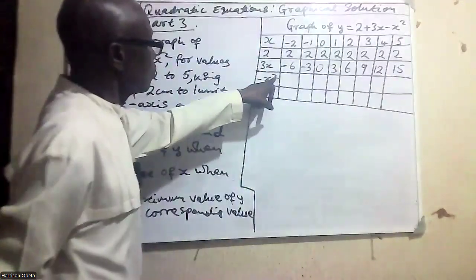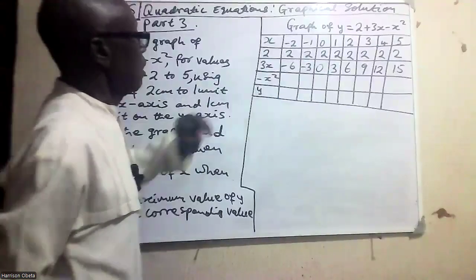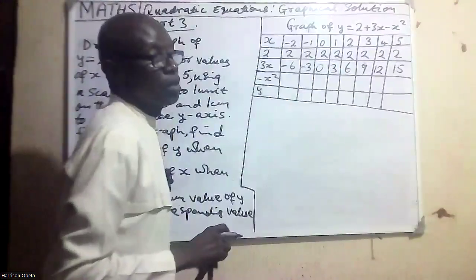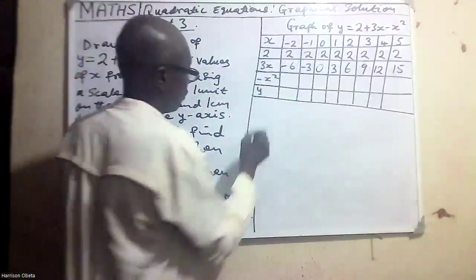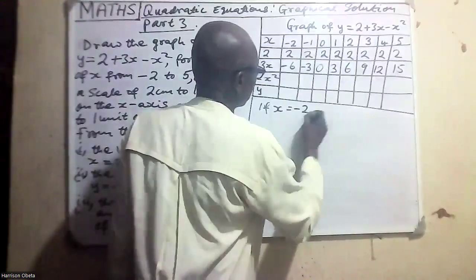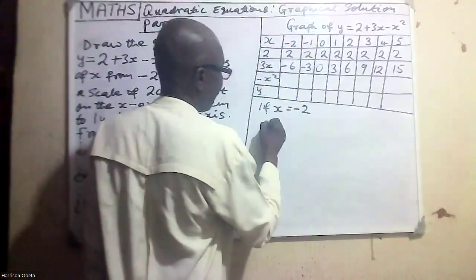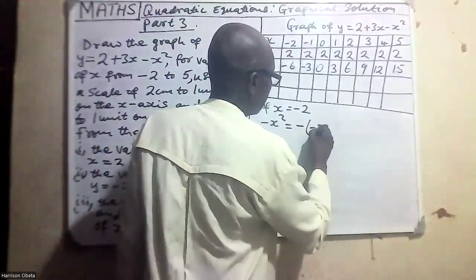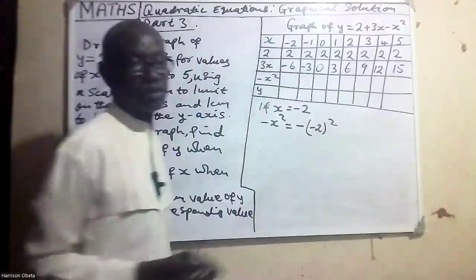Okay. Coming to this now, we have minus 2 times minus 2 is plus 4. So if x is equal to minus 2, minus x squared is equal to minus bracket minus 2 squared.